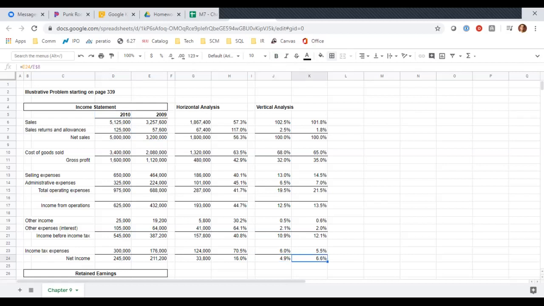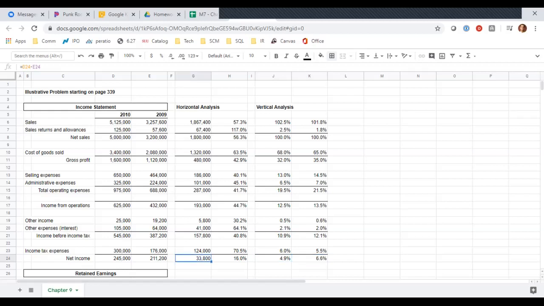Last year, we would have made $6.60. And this year, we only got $4.90. So what that means is that we are less efficient. We made more money, but it cost us more money per sale to make that extra $33,000.